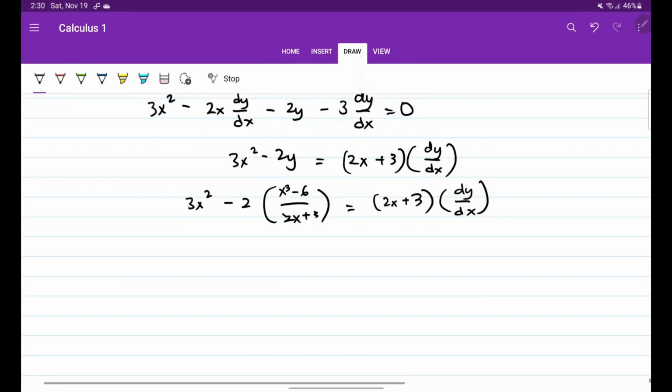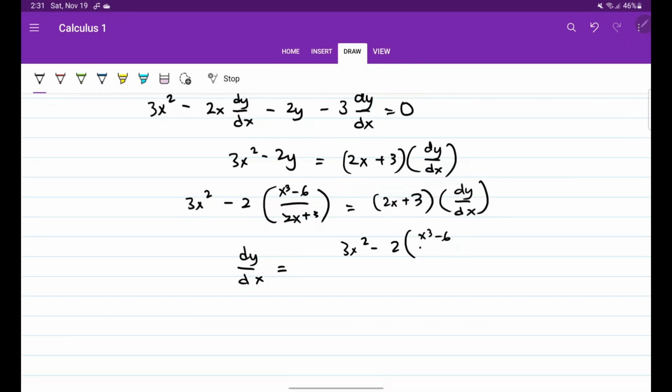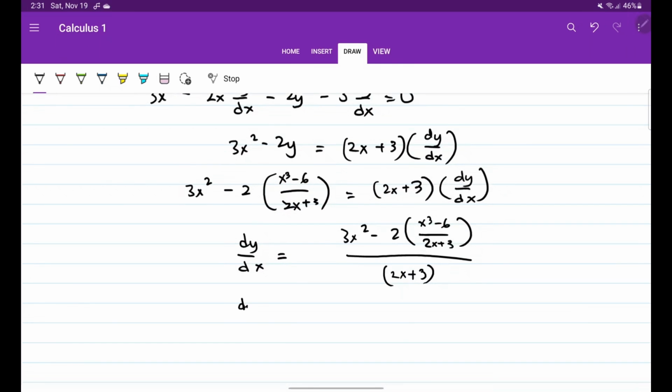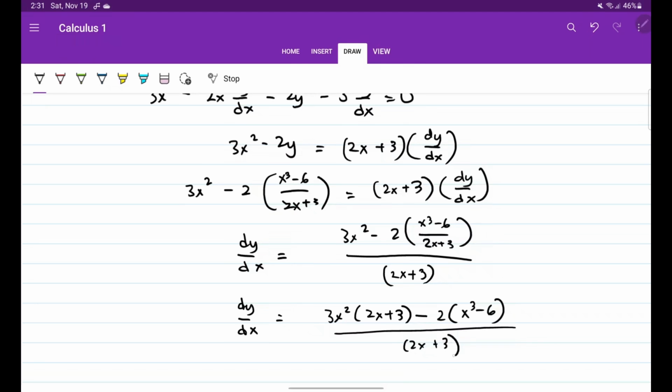No? So, rearranging yung terms, this is dy over dx is equal to 3x squared minus 2 times x cubed minus 6 over 2x plus 3, all over 2x plus 3. Okay? And here, we can just simply simplify yung ating expression. So, dy over dx is equal to 3x squared times 2x plus 3 minus 2 times x cubed minus 6 all over 2x plus 3 all squared.